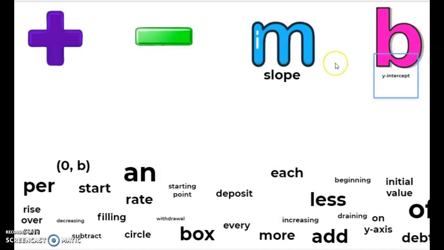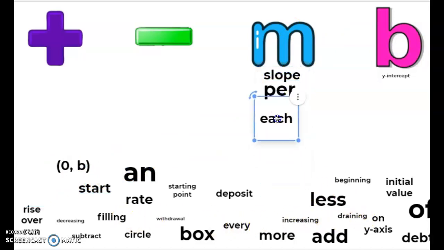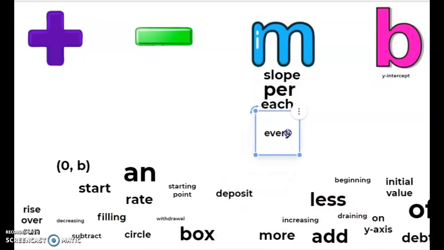Okay, the words that we really need to relate with slope are per, each, where's my each, and every. Those 3 words are indicators that it means slope.